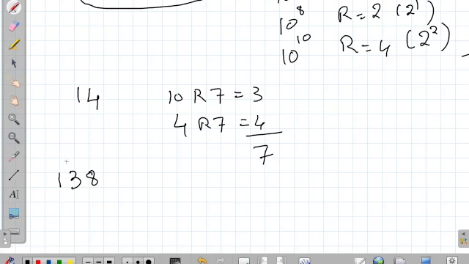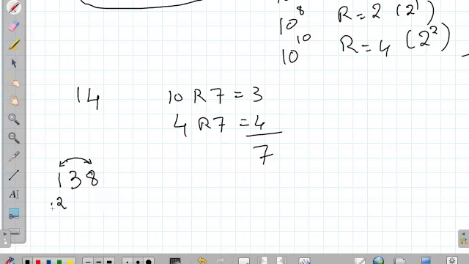So if 138 is there, we will look at 1 and 8 together, and 3 separate. If I consider the place value, then I know that 100 will leave a remainder of 2.